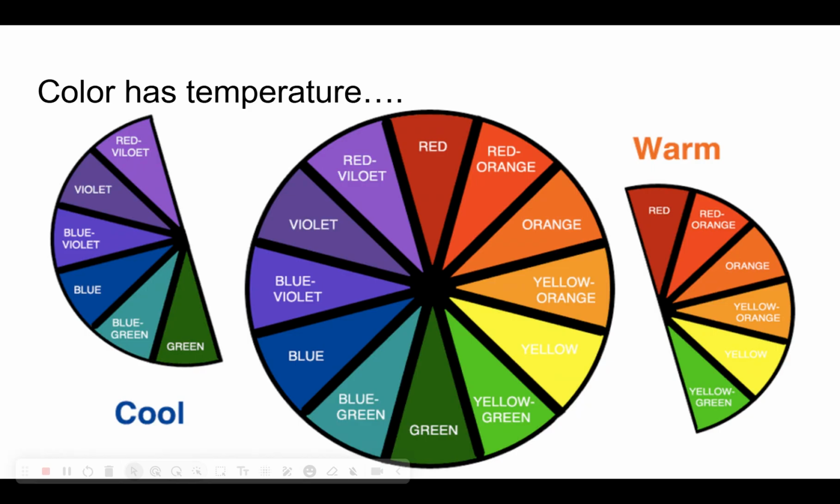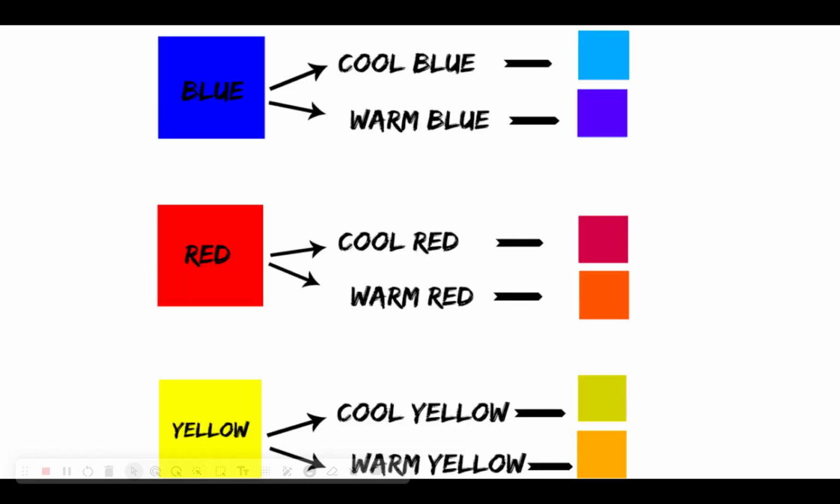Now, green is split in the middle because a green can be cool or warm. Same with all colors. Blues can be more cool or more warm depending on what you add to it. So that top blue on the right has a little bit more of a cooler feel than the one right below it because the one right below it looks a bit more purple.